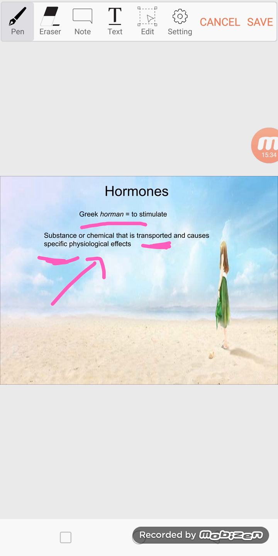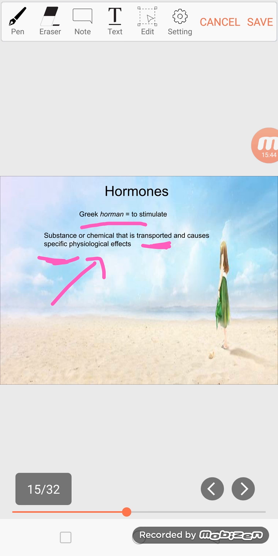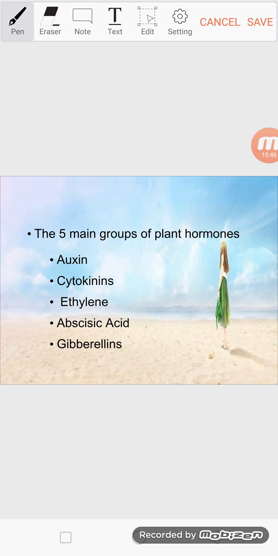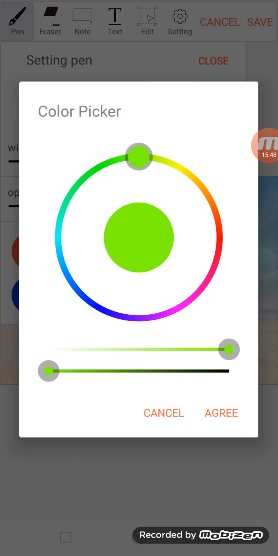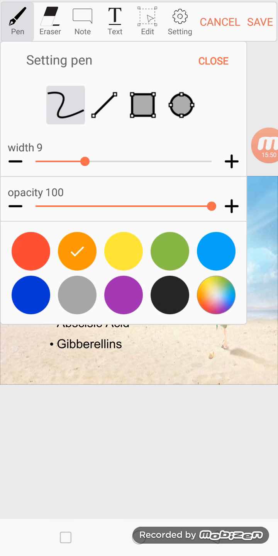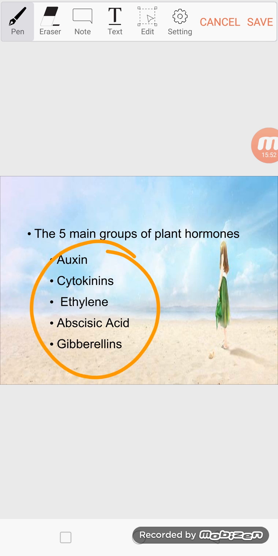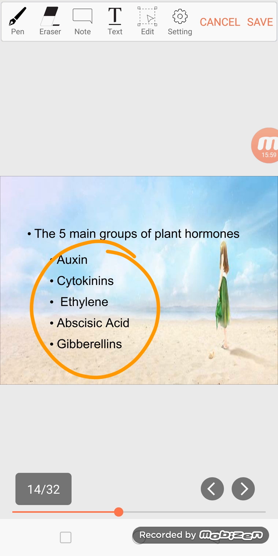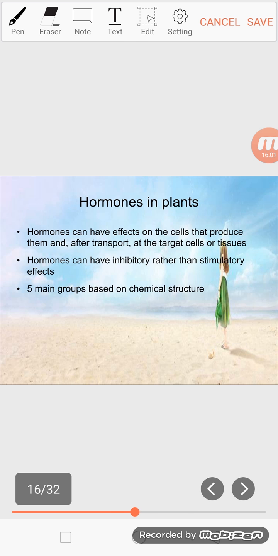Hormone, it is produced and it is transported to a specific site so that it will have a specific effect. Okay, so in this case, we're gonna have a look at 5 main groups of plant hormones: auxin, cytokinin, ethylene, abscisic acid, and also gibberellin.